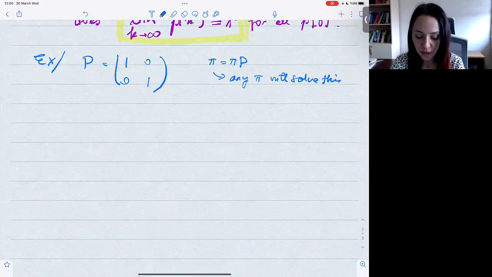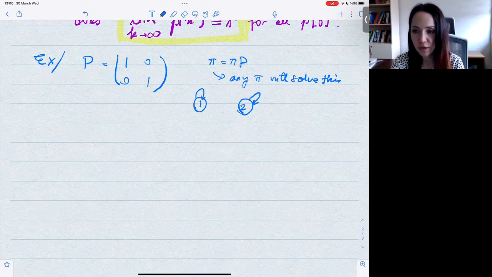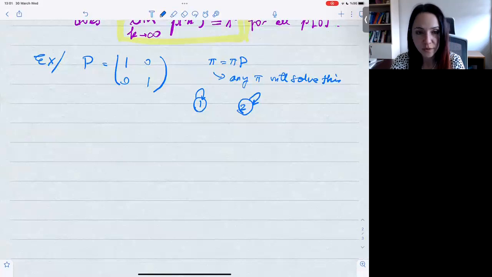So basically, this degenerate case happens because if we graphically represent the states, state 1 and state 2, if you're in state 1, next time you are again in state 1 with probability 1. If you're in state 2, you'll be in state 2 again.